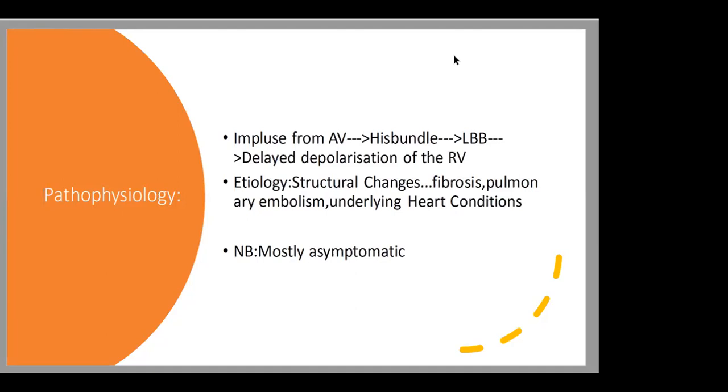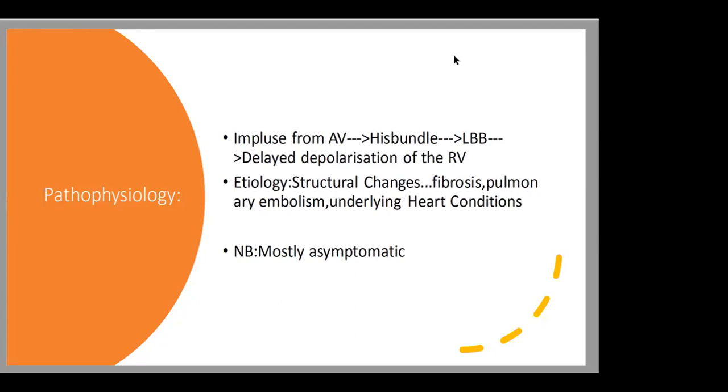What causes such kind of blockages? You have structural causes, fibrosis that can come with old age, fibrosis that can come as a result of a heart attack that is in the past. It can come as a result of pulmonary embolism or other underlying heart conditions.